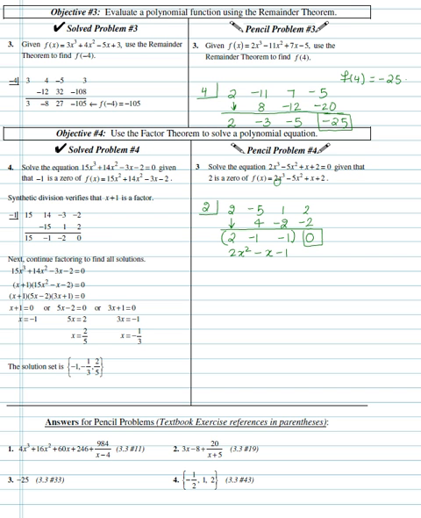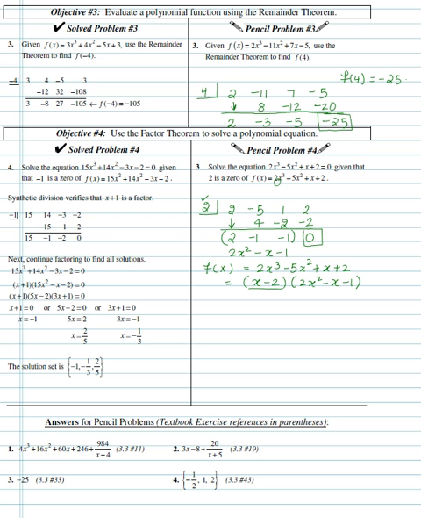So now I know that f of x, which is 2x cubed minus 5x squared plus x plus 2, is nothing but x minus 2 times 2x squared minus x minus 1. Remember, this is a zero of the polynomial, so x minus 2 is a factor. From one factor, I get the other factor. That's why I use my synthetic division so that I can get to another factor.